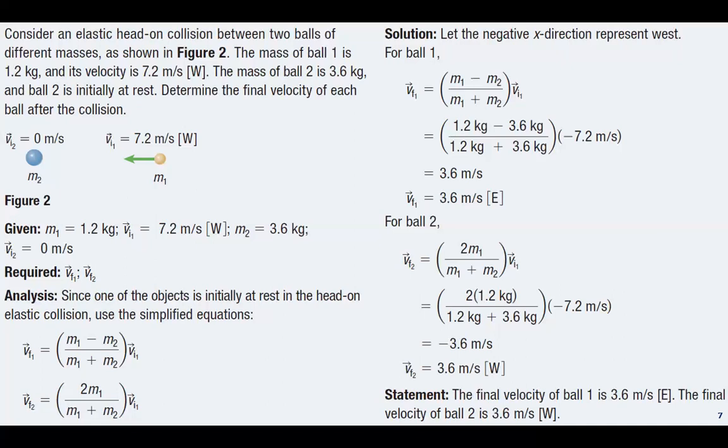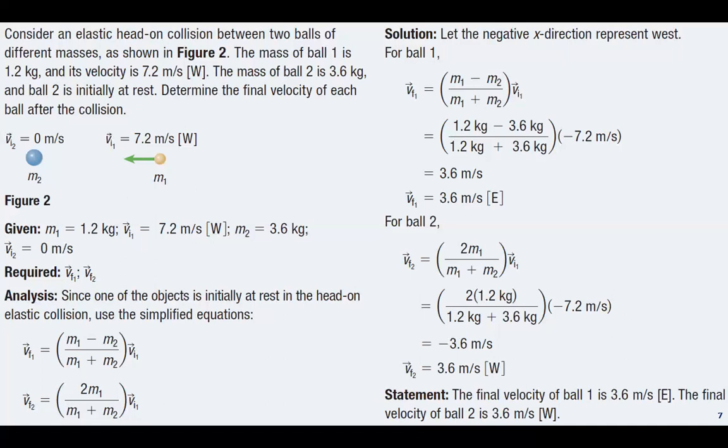And the positive sign indicates that the direction of the velocity is to the east. So for ball 2, we have Vf2 equals 2m1 over (m1 plus m2) times Vi1, right? Again, put all the numbers in. The result is negative 3.6 meters per second. So the negative sign indicates that the direction of Vf2 is to the west.